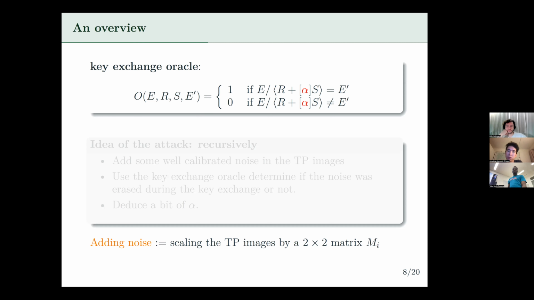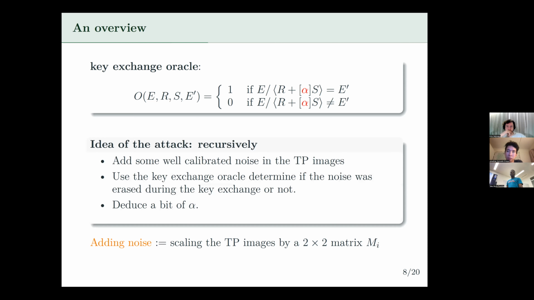And then he chooses another curve, E dash, and he wants to know if E dash is the curve obtained by Alice when she uses this public key as Bob's public key. So the oracle will return 1 if the answer is yes, and the oracle will return 0 if the answer is no. So suppose that you have access to this type of oracle with which Bob can check if the given curve is the shared secret of an SIDH instance or not.